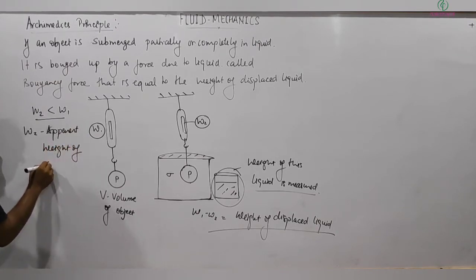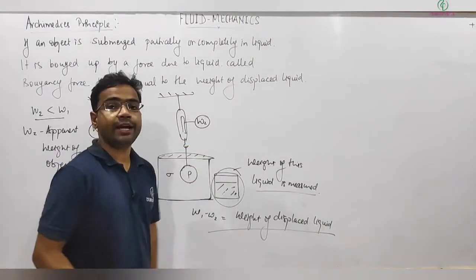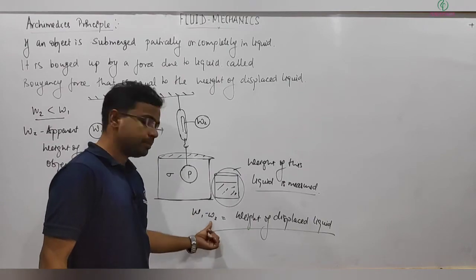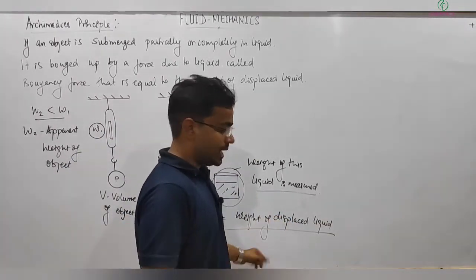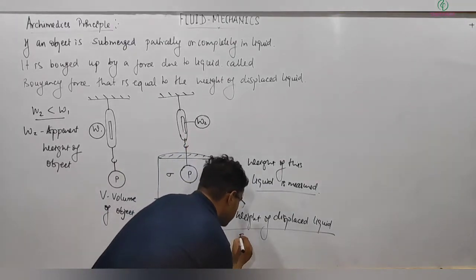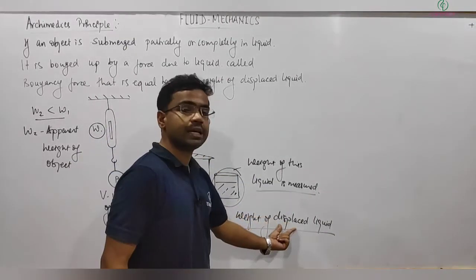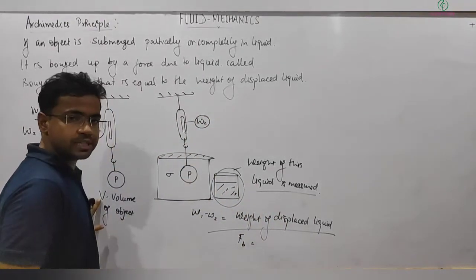So this is the apparent weight of the object, and the apparent weight we can write mathematically as W1 minus W2, which is equal to the weight of displaced liquid, and that is the buoyancy force. And how much is this? The volume of displaced liquid is equal to the volume of the object.